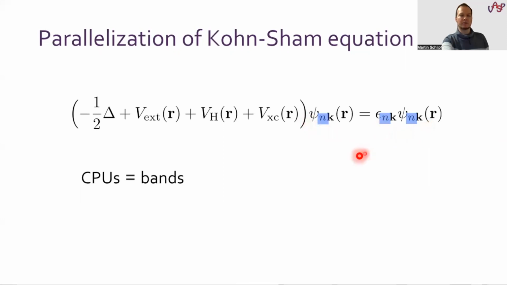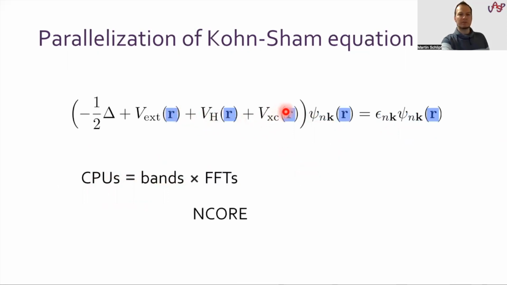So the first thing you can do is choose to run a certain number of bands on each CPU. Probably you want to have multiple bands on each CPU, but you can use CPUs to parallelize over this band loop. Then the next thing we see is that we have here these grid points.